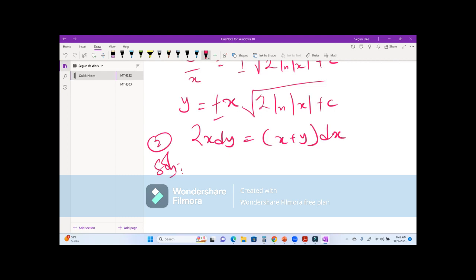Now, in this case, remember that we have, what is our dy? That's the first thing you do. Let y equal vx. Then remember we have dy to be equal to what?